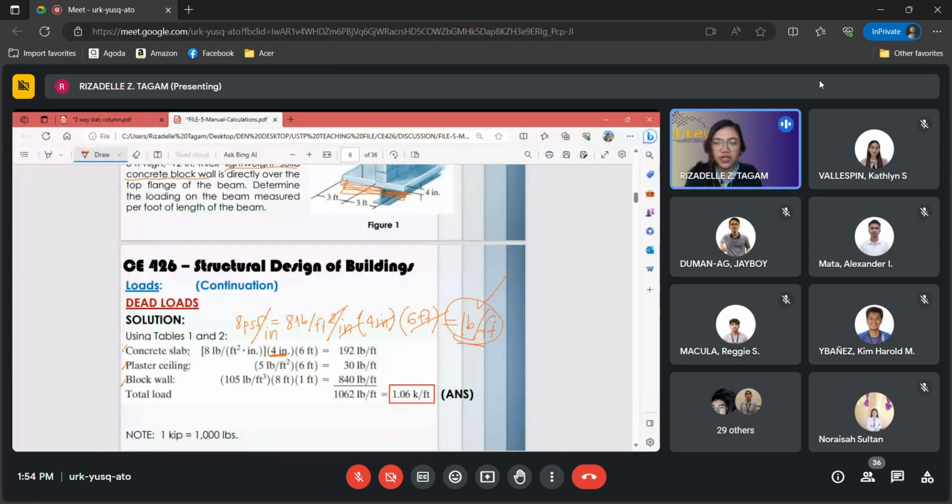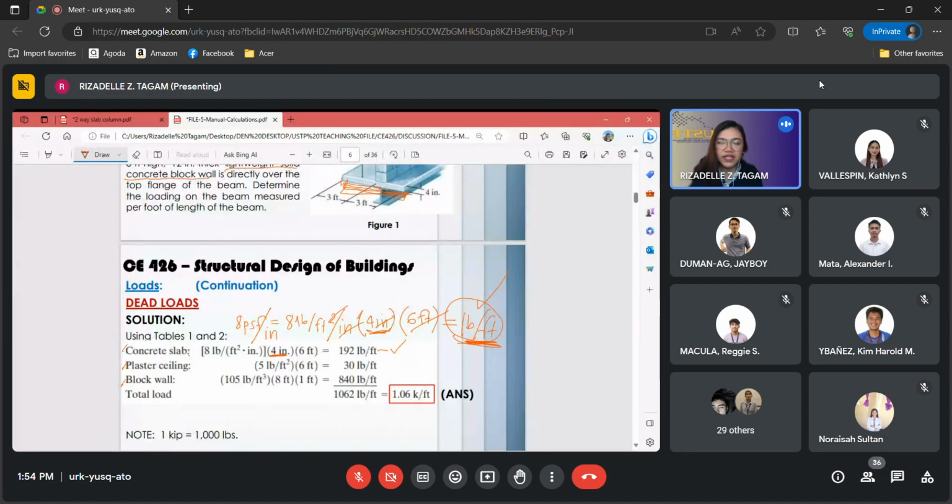So make sure the unit is a uniform load, pounds per feet. We multiplied by the thickness so that the inch in the per inch unit cancels. The answer is 192 pounds per feet. That is for the concrete slab only.